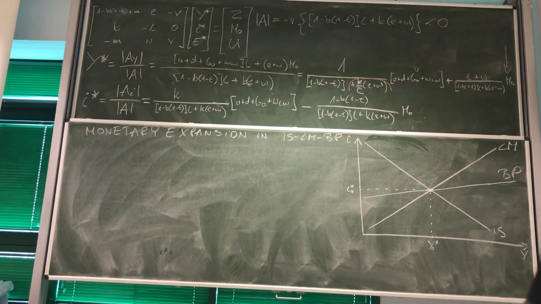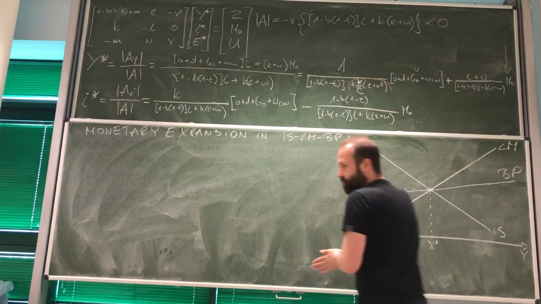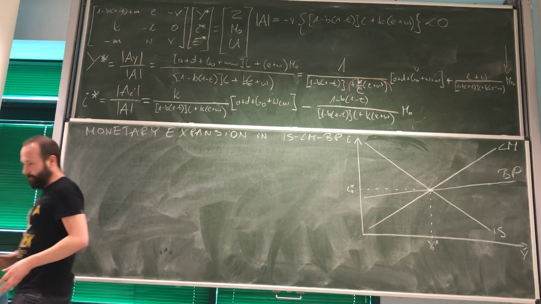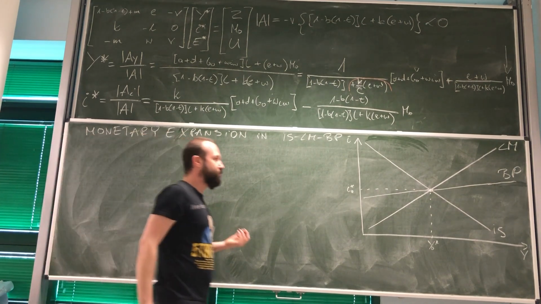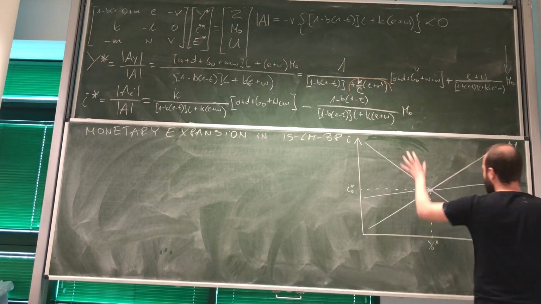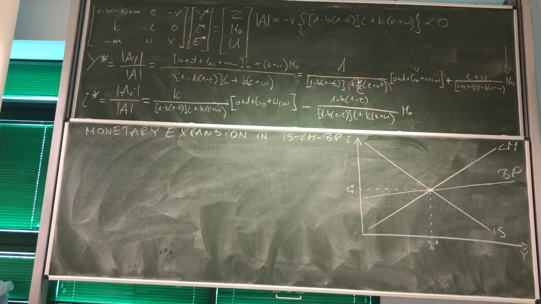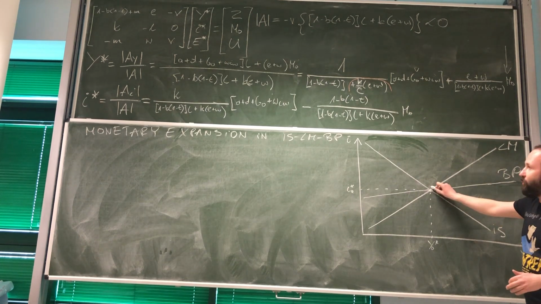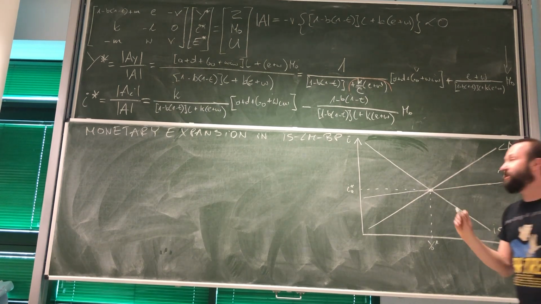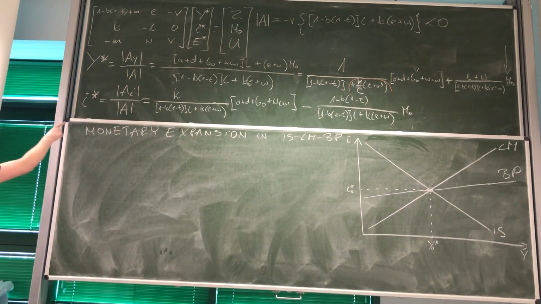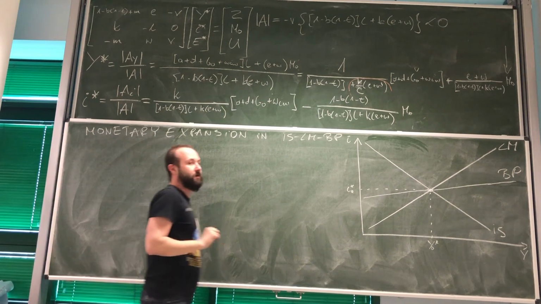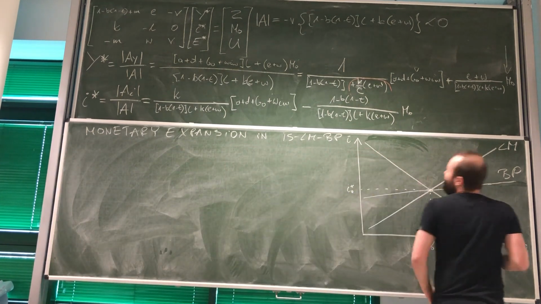Hi. In the previous video, we've actually proven that equilibrium in ISLM-BP model exists. So we know that the three lines, IS, LM and BP, are intersecting at one point, and what is more, we've actually calculated the value of GDP and interest rate for this model.